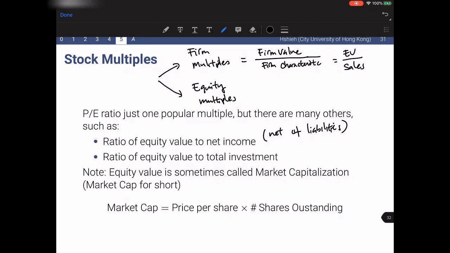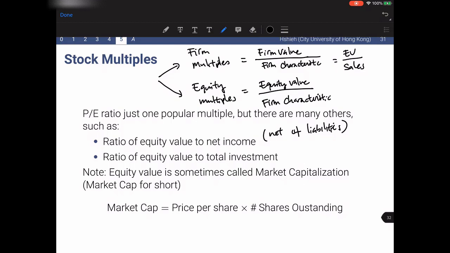All right, equity multiples. You've already seen one called the price to earnings ratio, but to generalize that into a formula, it's simply the equity value divided by a firm characteristic.